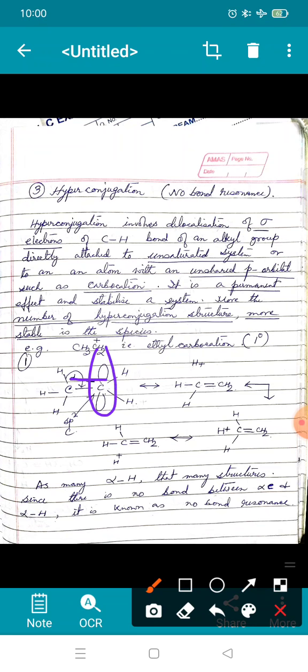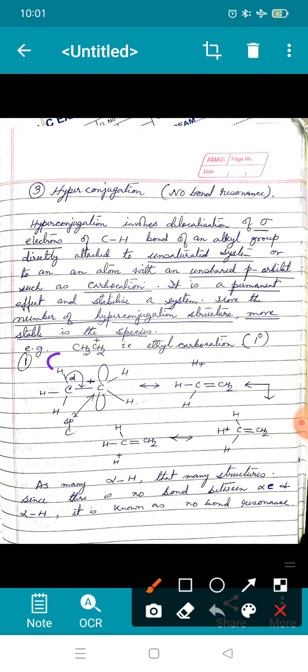And this carbon, as its octet is not satisfied, will readily take the electrons. So this H will now remain near the carbon without a bond, and it will carry a positive charge. Why? Because it lost its electron. And a double bond will form between the carbon that was earlier positively charged and the alpha carbon. So this is the change in the first structure of hyperconjugation.